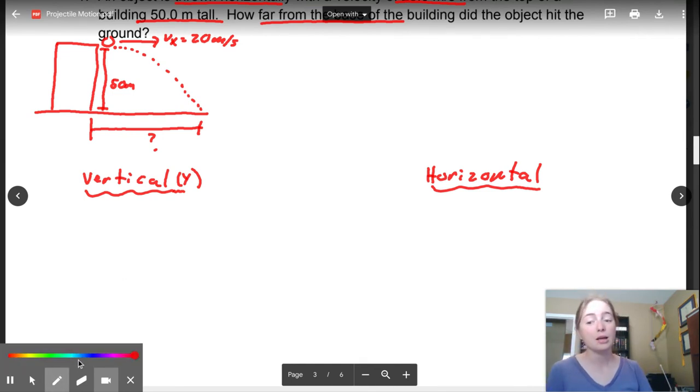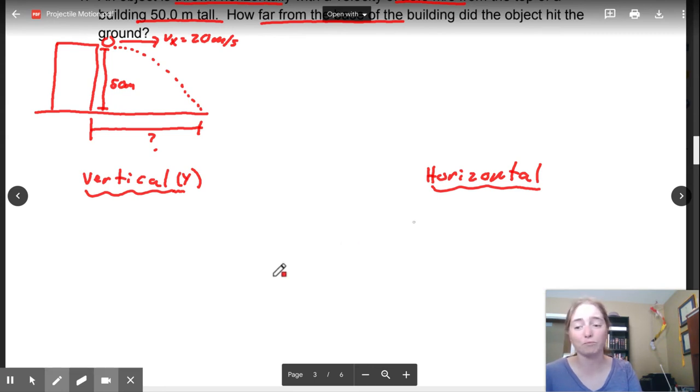Okay. This particular topic, projectile motion, is probably one of the more difficult of the unit. And it is blending most things, like everything we've done before this is leading up to this point. So list out what you have, show your work. It's a lot of stuff to keep track of. Okay.